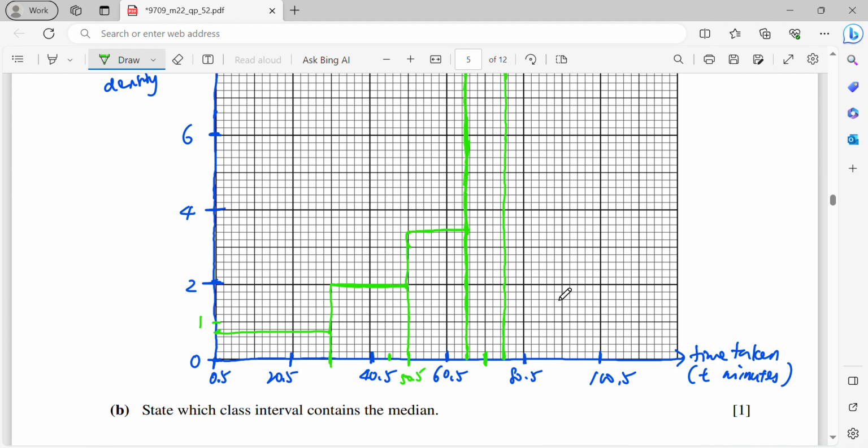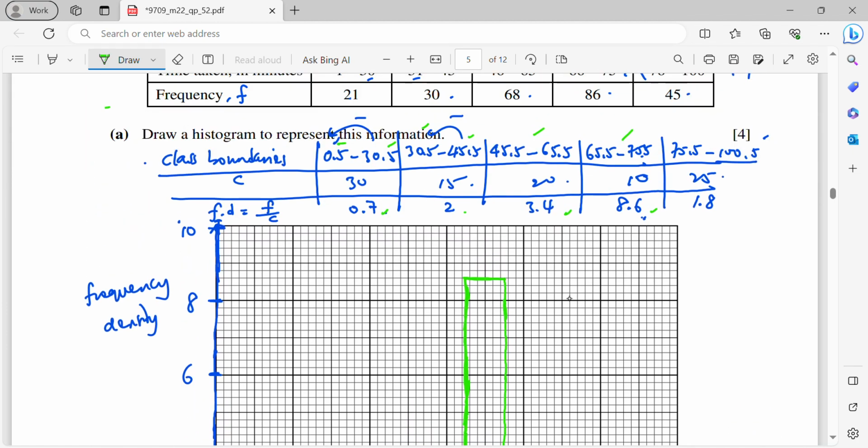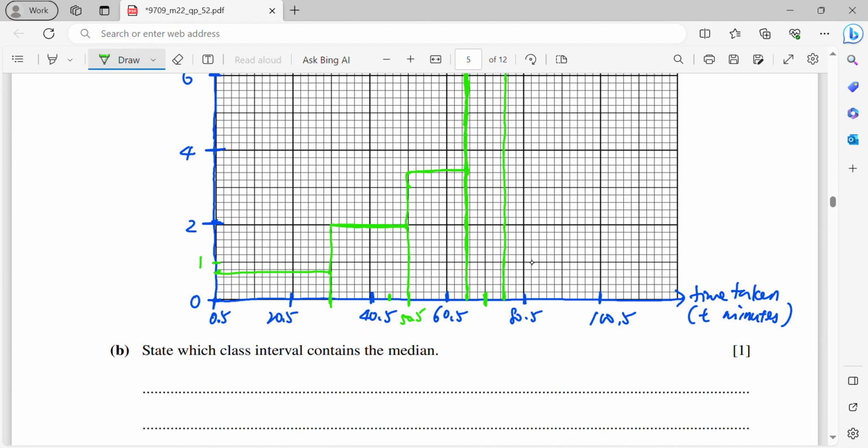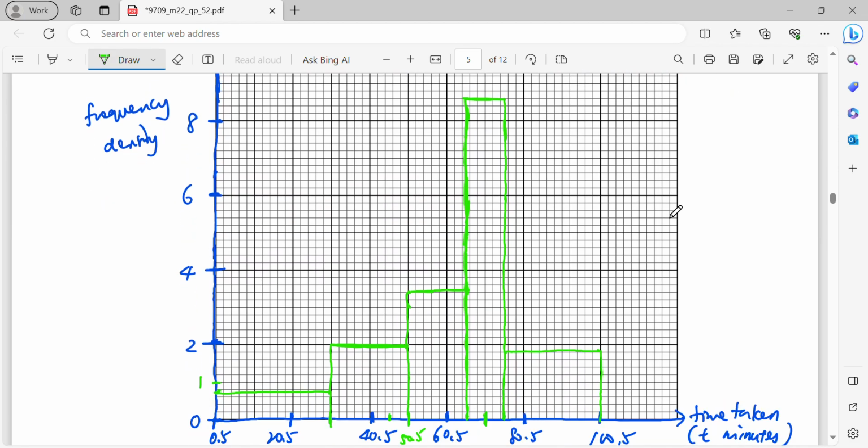Lastly 75.5 to 100.5, the height is 1.8, which means it's here. So that is our histogram.